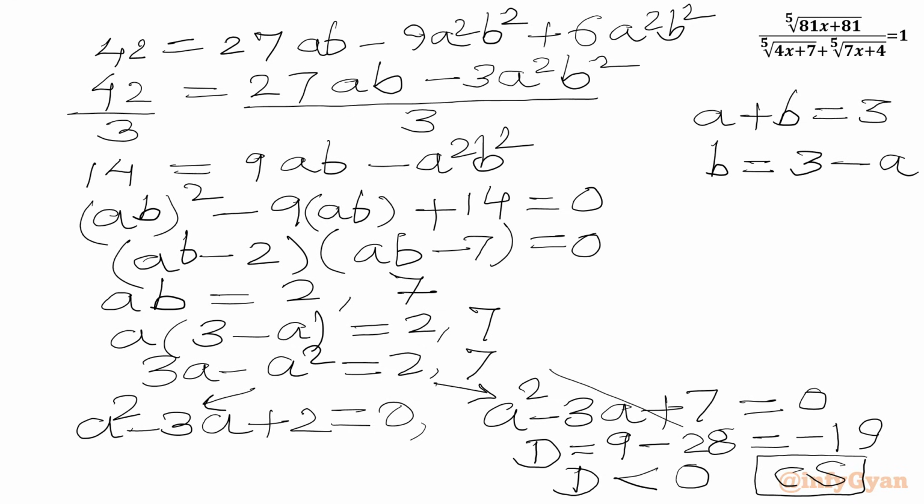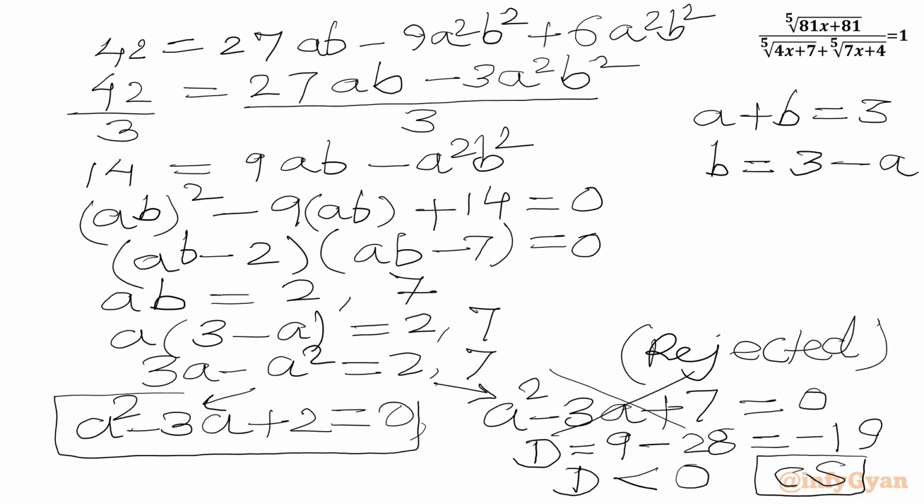So we will reject this second quadratic equation as we are looking for real solutions. So we have a^2 minus 3a plus 2 equal to 0.